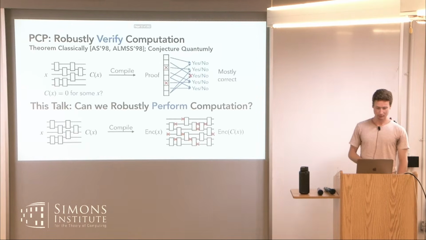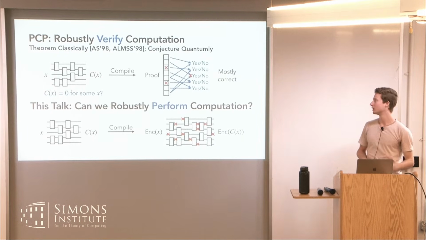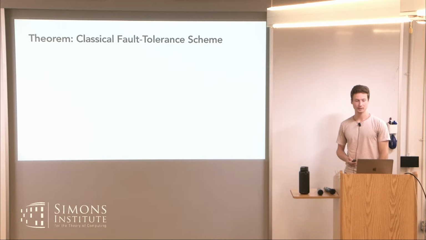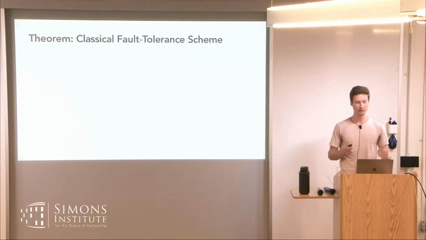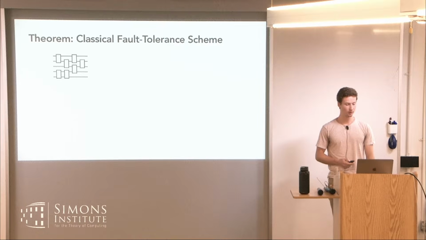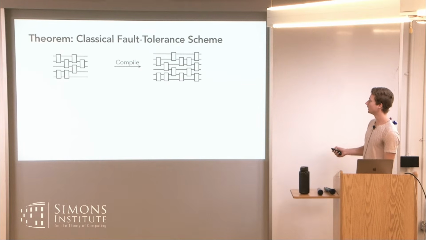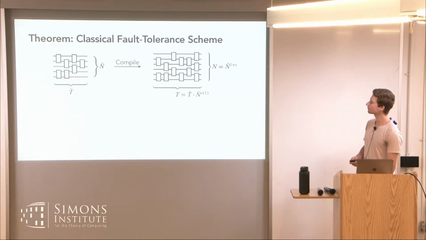So what are we able to show? We basically answer this question, can we robustly perform computation, in the affirmative in both the classical and quantum settings. So in the classical setting, we construct a classical robust computation, or what we call a fault-tolerant scheme, which compiles an arbitrary circuit, which we'll call the logical circuit, the circuit that we want to compile, into a physical circuit, the circuit we actually run under noise, with fairly small space and time overheads.